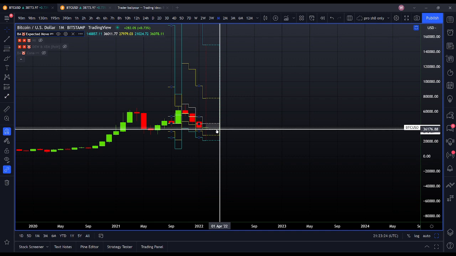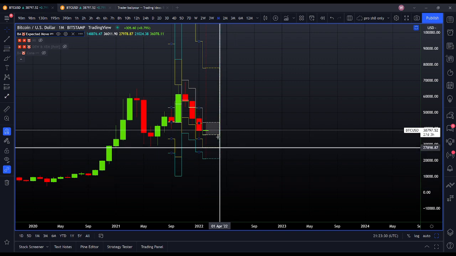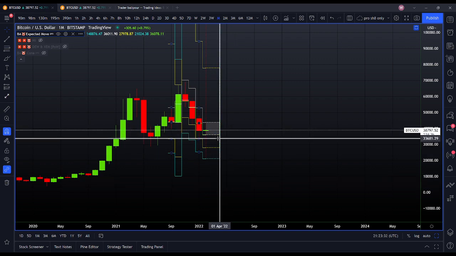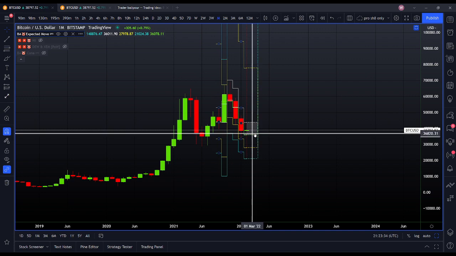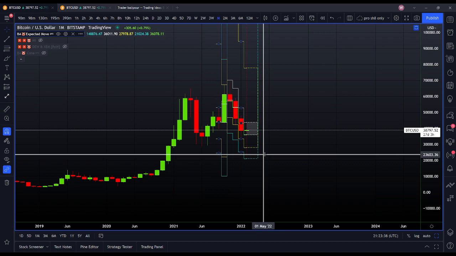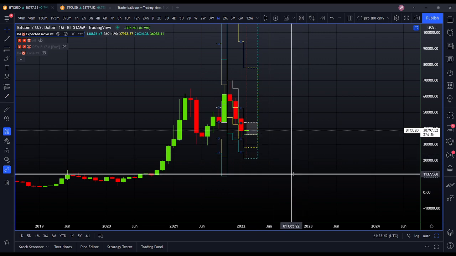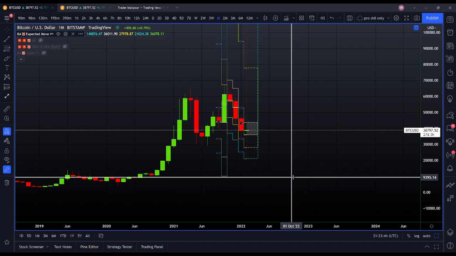And then you can look at the middle line of that expected move, the center line right there on the monthly at 36,000. That's the center of the distribution, where that is. So looking at that center line being at that 30% probability, it's definitely something of note.